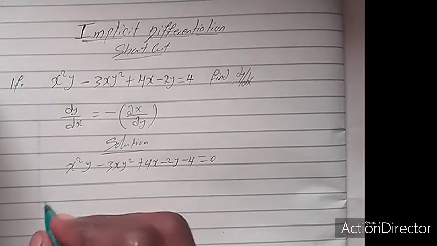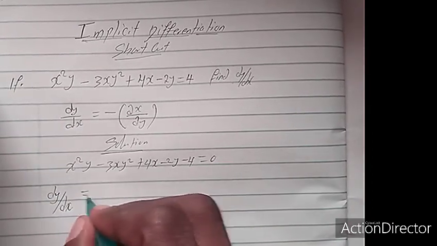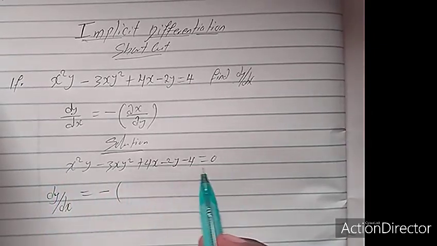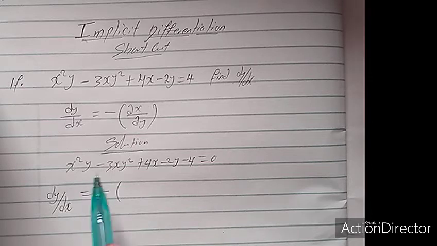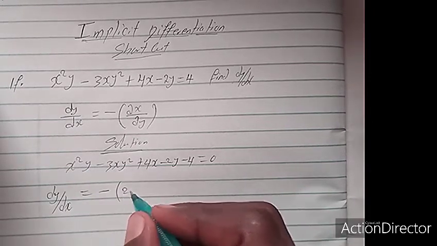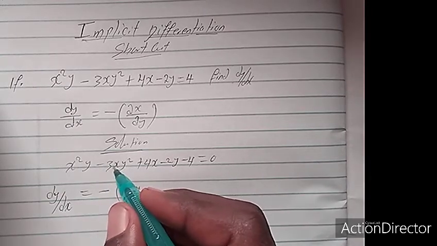So now your answer in one line is dy/dx equals minus open bracket. Now we want ∂x. That means everything that is not x is a constant, so I'll keep this as a constant. I will differentiate it. That will give me what? 2xy. Now I'll differentiate here with respect to x.